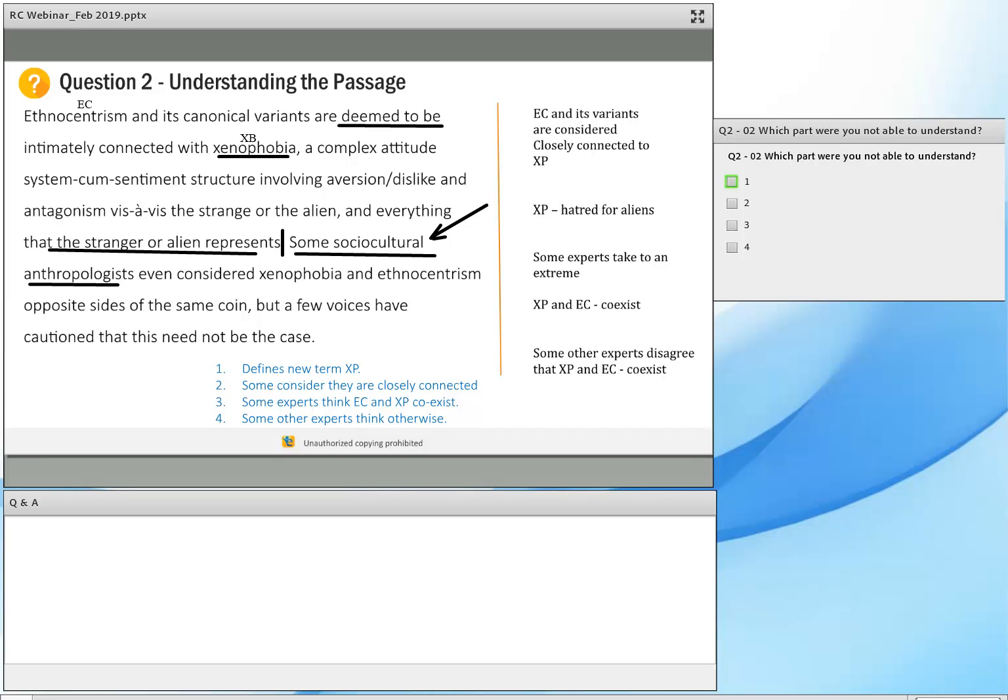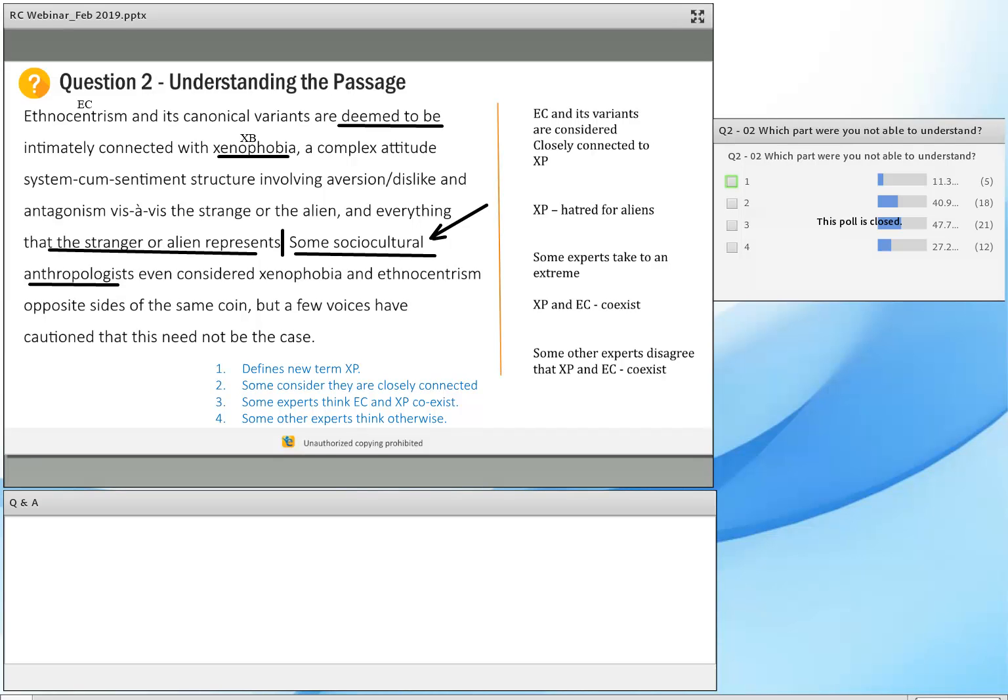All right, let's get a few more data points. My question is, which part were you not able to understand? Let's get that. 3, 2, and 1. We only got 43 people who responded to this one.